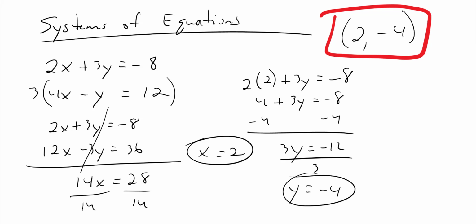Okay, so let's do one that we kind of really haven't done yet. Similar to what we've been doing, but we just haven't done this one yet. So if I give you 3x plus 4y is equal to negative 2, and 2x plus 3y is equal to negative 1. Now again, you're going to use the elimination method, but you can't just multiply one of the equations by something to get rid of the variable.